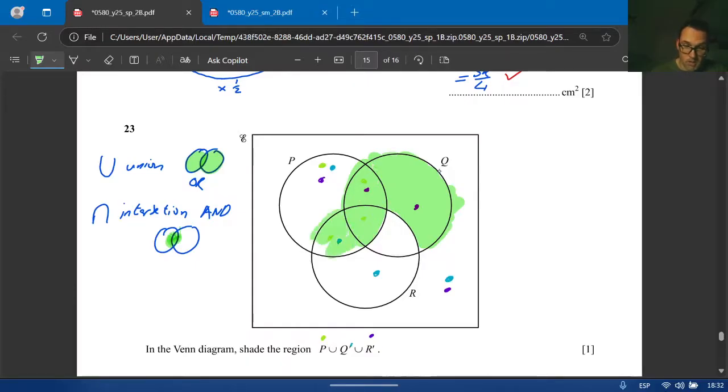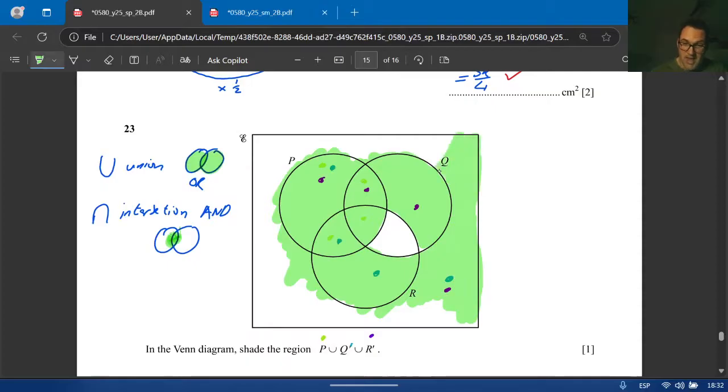We shade here because it's in P and it's not in Q. We shade this one here because it's in P, it's not in Q, not in R. Okay. We shade here. Why? Because it is not in Q. Yeah? Because it's union. And we shade the outside because it's not in P and it's not in R. Okay. That's how union works.